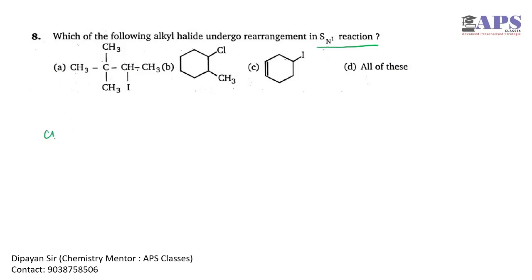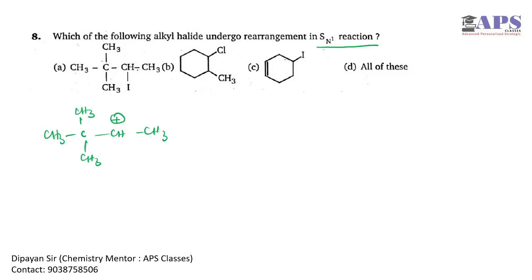So, in option A we have this carbocation. In this case, for the stability, we have only 3 hyperconjugations. Inductive effects are obviously present, but we are not introducing the inductive effect because hyperconjugation is present.